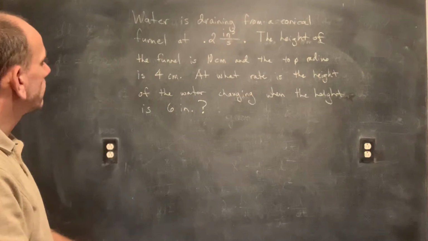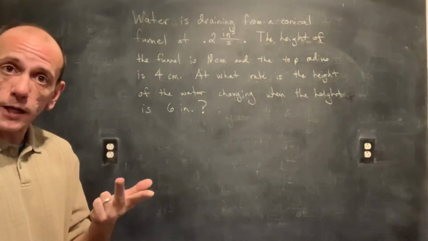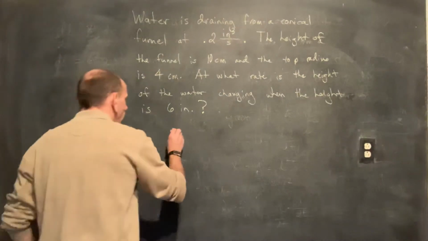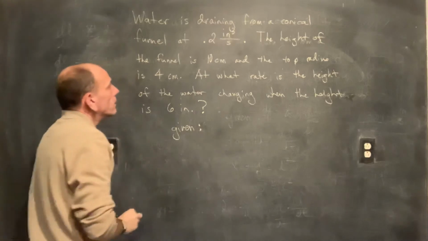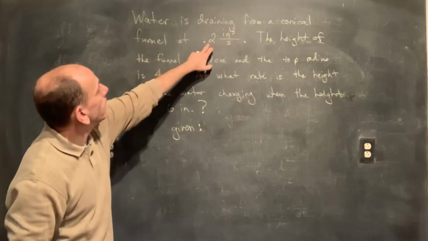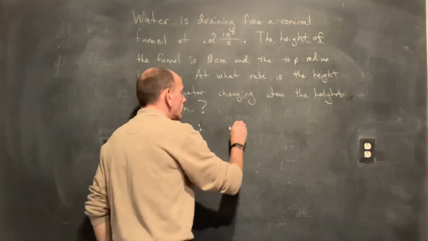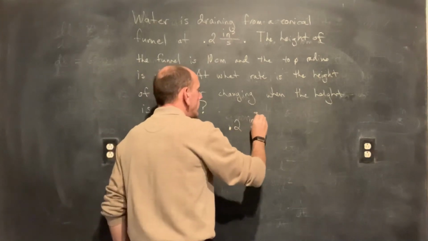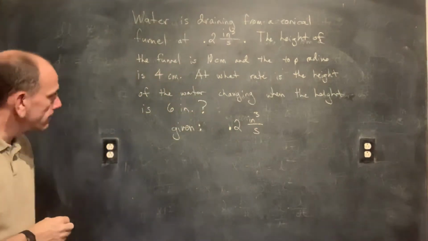All right, so let's see, we're looking for a given rate, a defined rate, and then a link between them. So our given, well, this is inches cubed per second. So we have 0.2 inches cubed per second. That's definitely a rate.